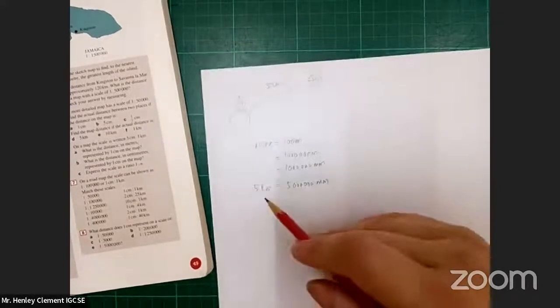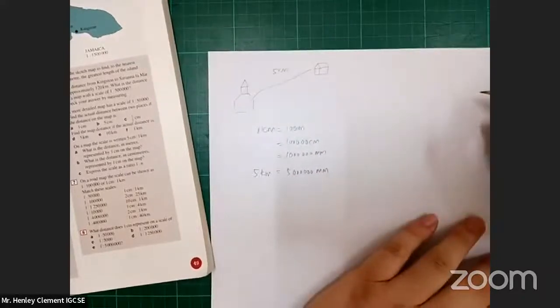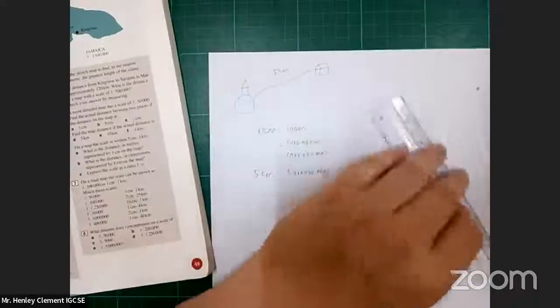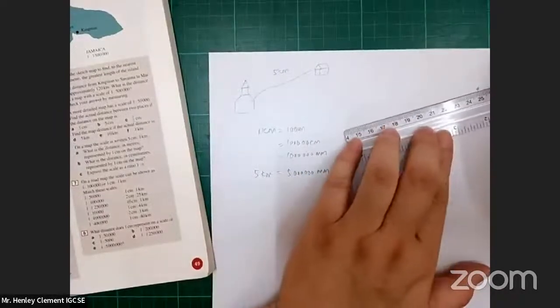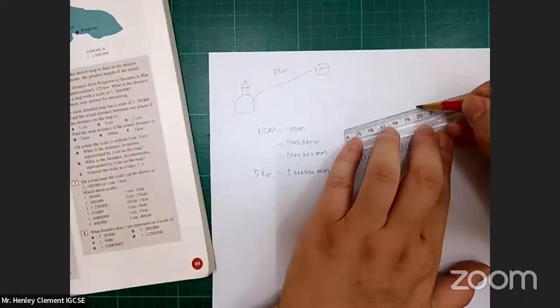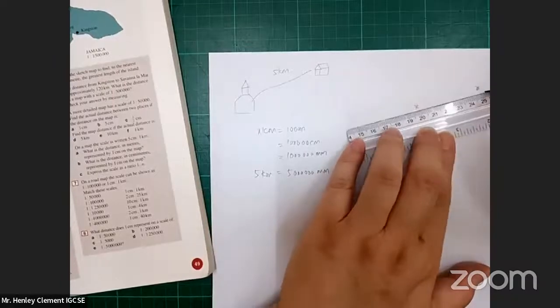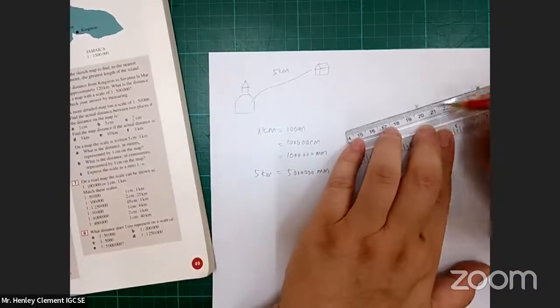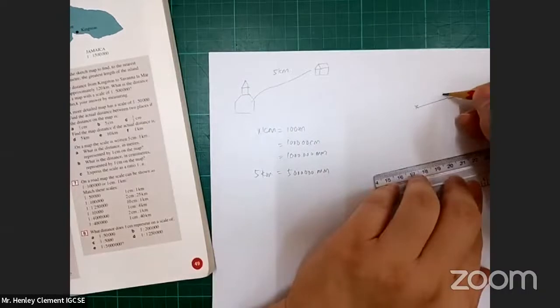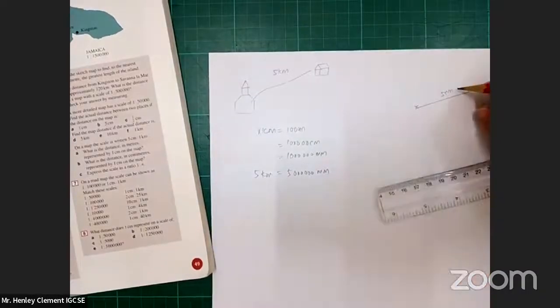Okay, so here is 5 km, so I should draw one dot here, and then I measure another 5 cm. Okay, and then I draw the line. Okay, this is 5 cm, which is equal to 5 km.